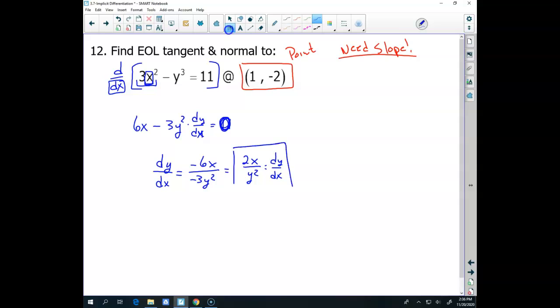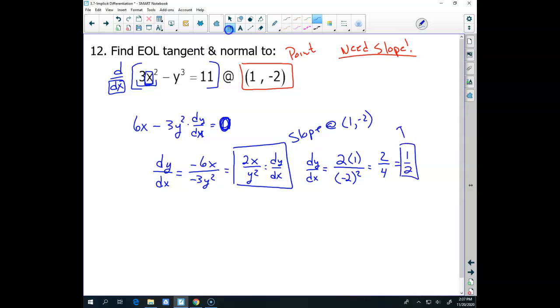Then there's my derivative, the slope at the point 1, negative 2. Well, that means dy dx is going to equal 2 times 1 over negative 2, and I've got to square that, so that's 2 over 4. So my slope here is a half for the tangent line.